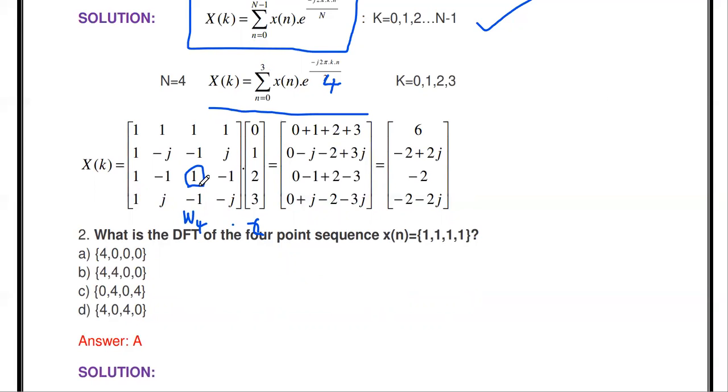Okay, and these 4 diagonal values are minus 1. These 2 diagonal elements are minus j, and these 2 diagonal elements are plus j. Okay, in this way, you just remember this twiddle factor matrix.